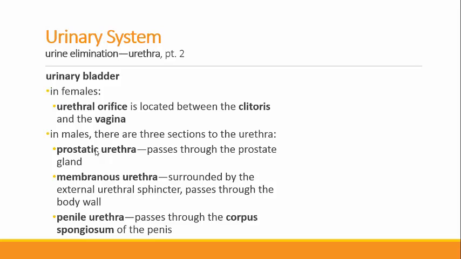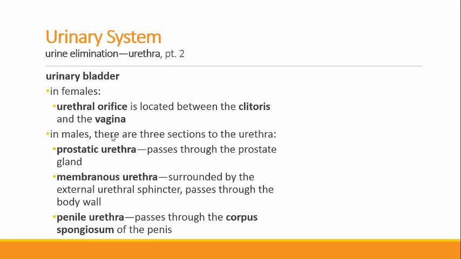And it also helps us to understand a little better why men who have had prostate surgery may lose continence, because there can be damage to the nerves associated with the prostate that will cause incontinence, the loss of control, because we lose some of that skeletal muscle control at the external urethral sphincter. There is the membranous urethra.